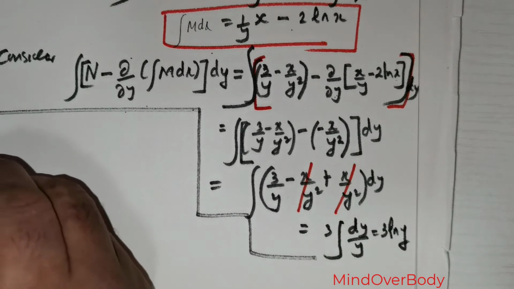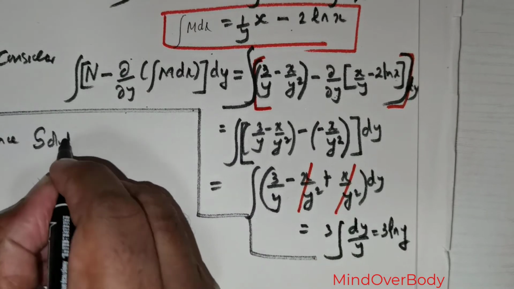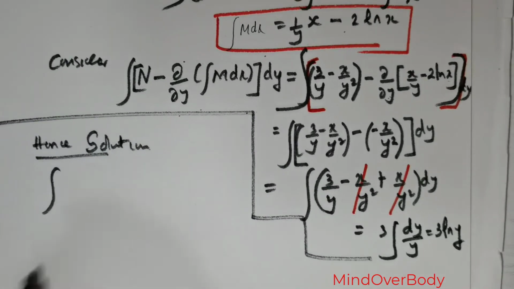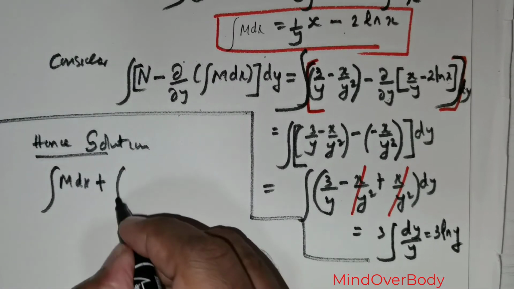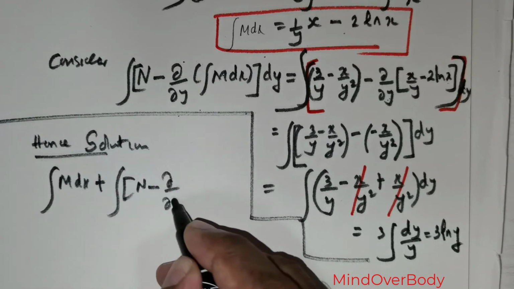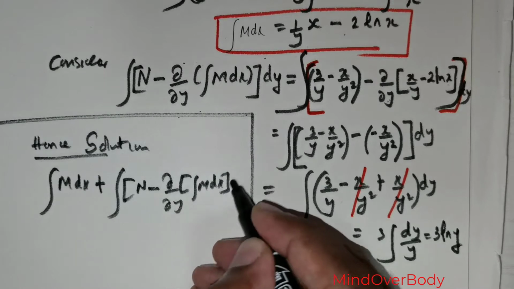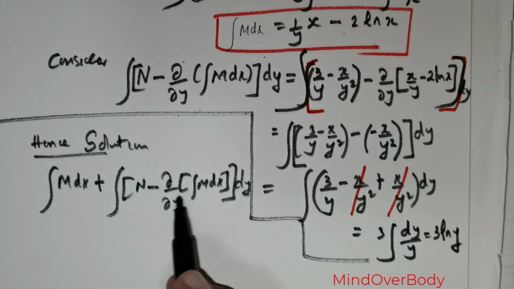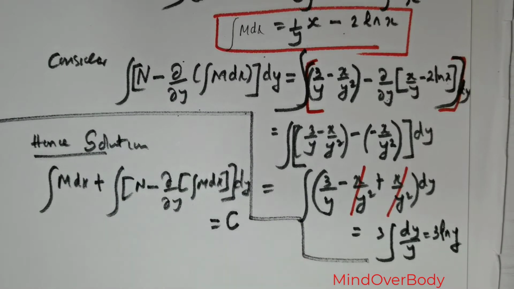So hence the complete solution is going to be the integral of m dx positive the integral of n negative dou over dou y of the integral of m dx times dy, right, is equal to constant c.